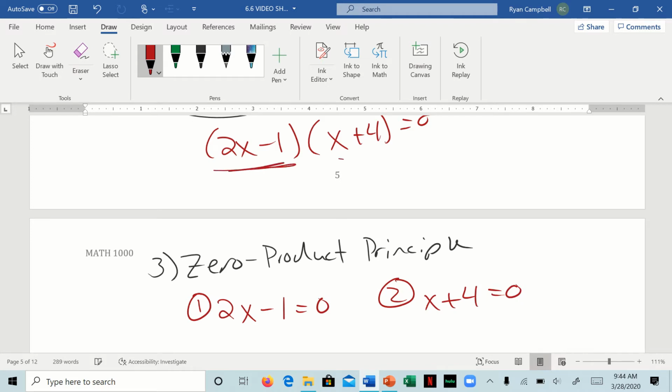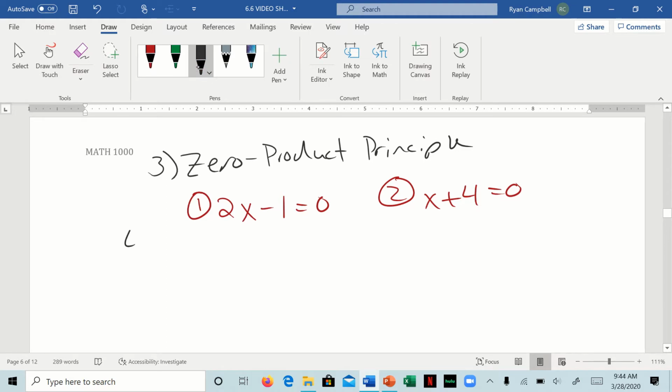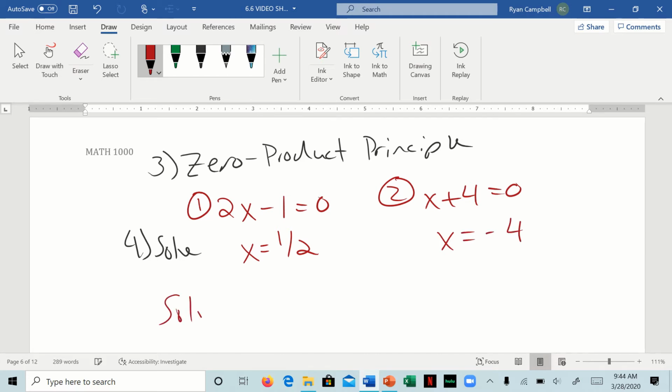Here's our product of two different terms, so we set each of those equal to 0. And then step 4 is solve. So in the first case, 2x minus 1 equals 0, we get x equals 1/2. Second one, x plus 4 equals 0, x is -4. So our solution set is 1/2 and -4.